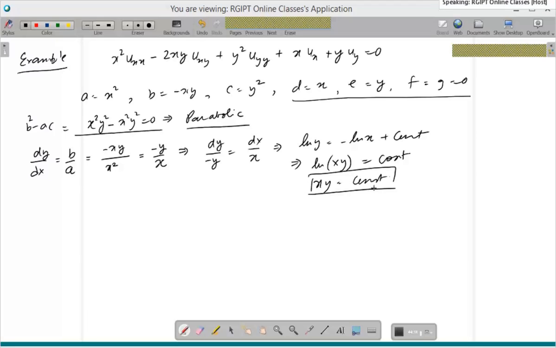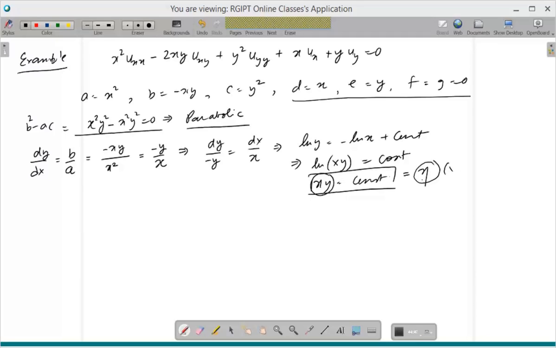So I have this set of curves, and if we identify them with eta, then I have eta equals xy. When you put xy equal to constant, that means you identify eta with xy.